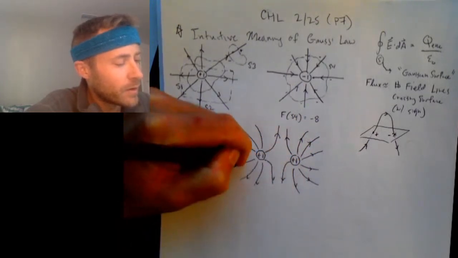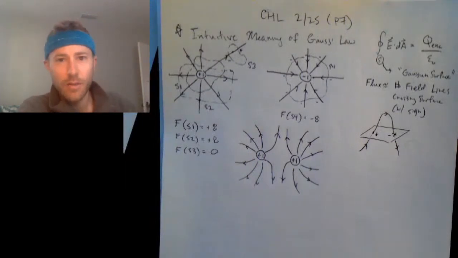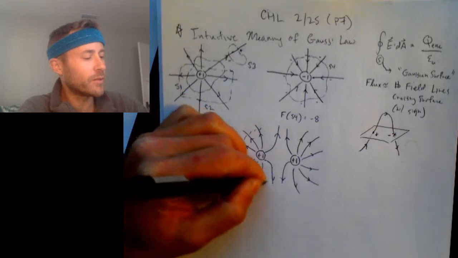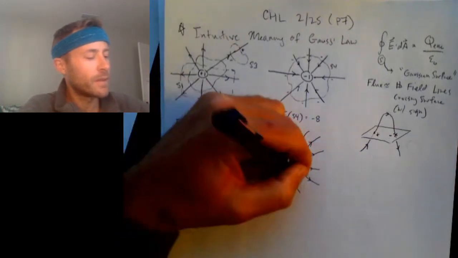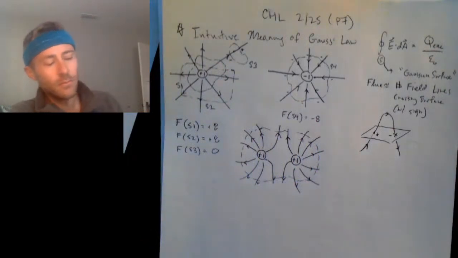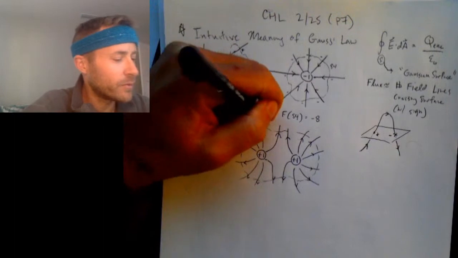All right. So what if I had a Gaussian surface that encloses both charges? So that would be something like this. So it encloses both, and I'll call that surface 5.